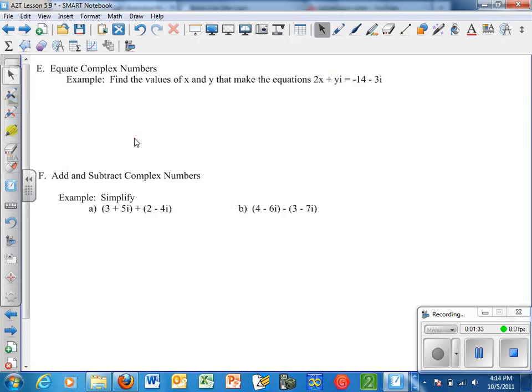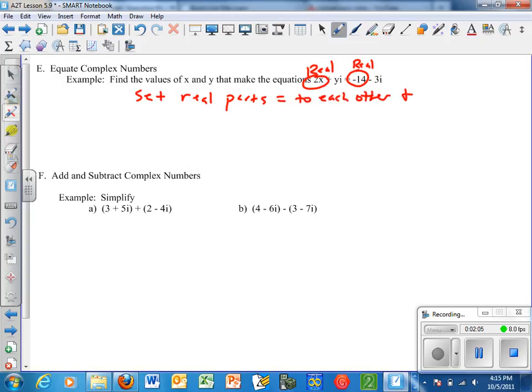Find the values of x and y that make this equation true. You have 2x plus yi equals negative 14 minus 3i. This right here is the real part. So you want to set the real parts equal to each other and solve.